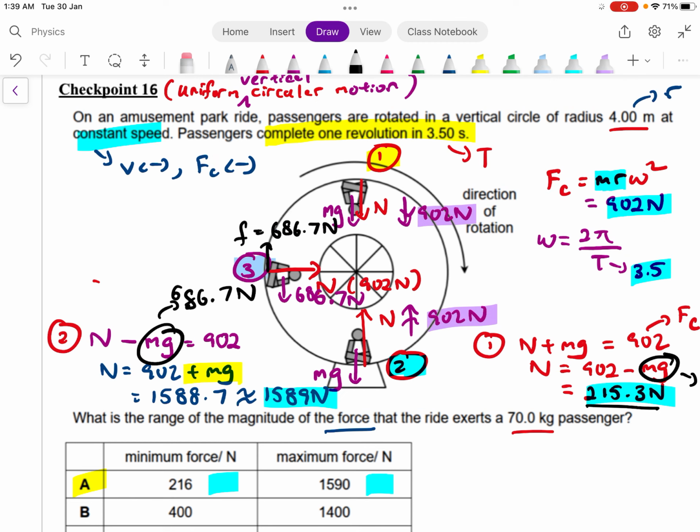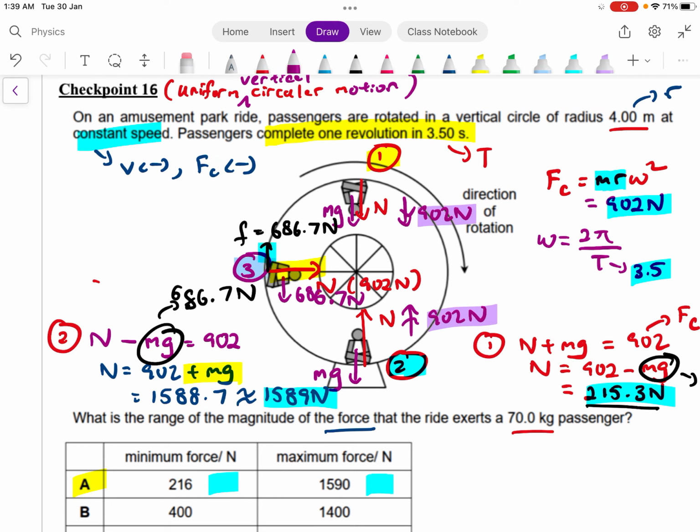Okay, so let's say I want to determine the force that the floor exerts on the passenger. How do I do that? Just remember there are two forces that the floor exerts on the passenger. The first is your normal contact force, the second is your frictional force.